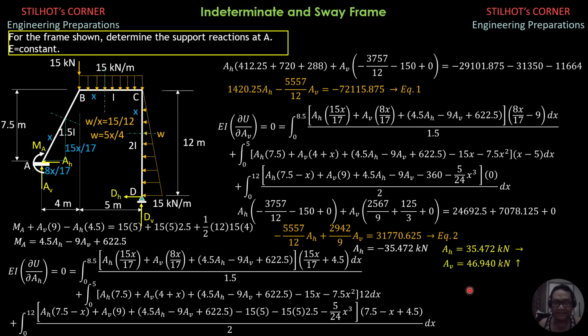AV is 46.94 kilonewtons, and MA, after substituting the values of AH and AV into this equation, we obtain MA equals 40.416 kilonewton meters, positive, so the assumed direction is correct, and that is clockwise. So that's it for this video.